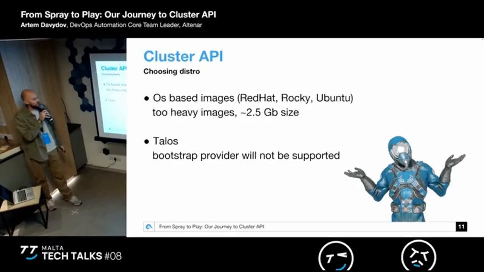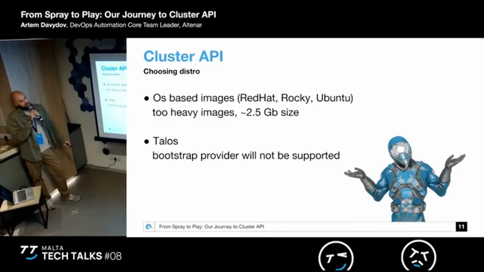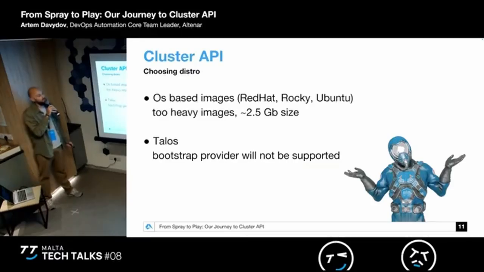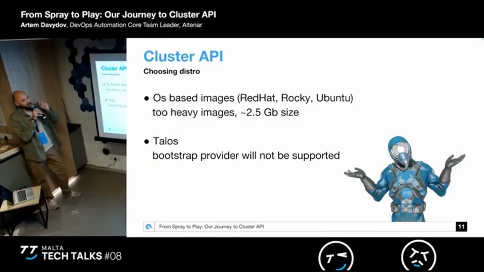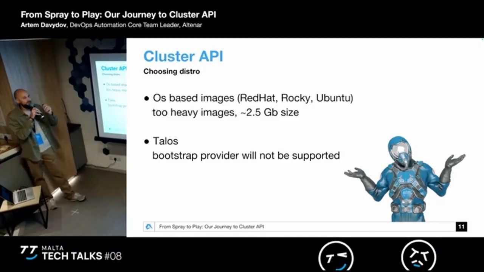Then we started to look for another distro, and it was Talos. Talos is a great operating system, but as I mentioned, Omni is another project, an analog of Cluster API, but it's paid.